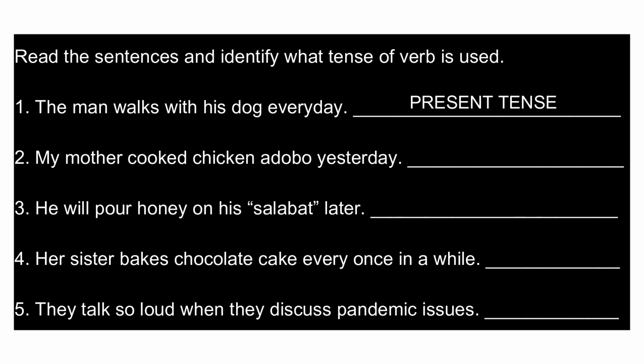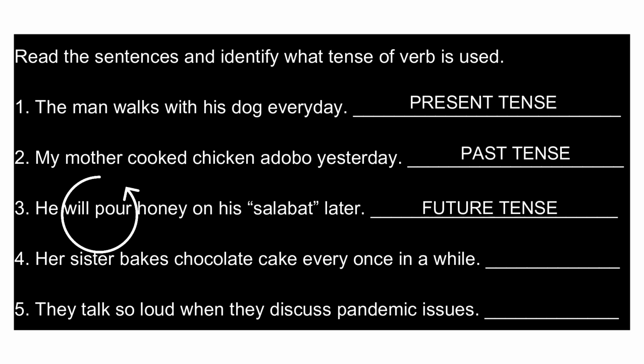The verb here is cooked, and it is in the past tense. Number 3, he will pour honey on his salabat later. The verb will pour is in what tense of verb? Alright, in the future tense.